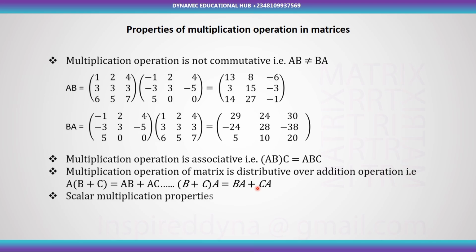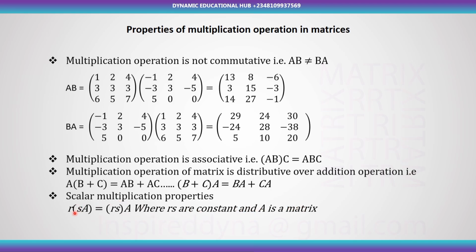Now let's look at scalar multiplication properties as well. If you have a scalar, a constant, and you also have your matrix multiplied by another constant, you can simply multiply the two constants together before you multiply them with your matrix. That is what this one is saying, where R and S are constants and A is a matrix.